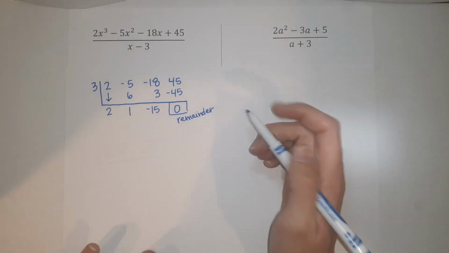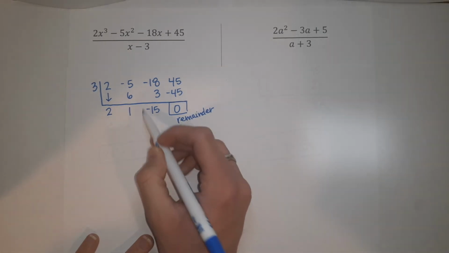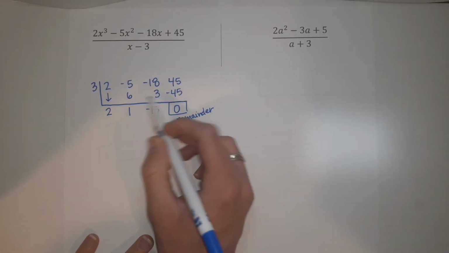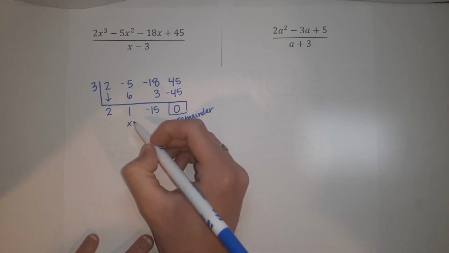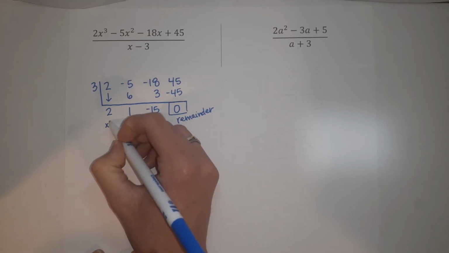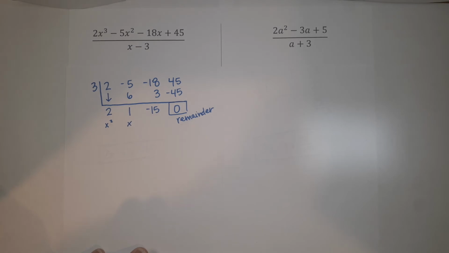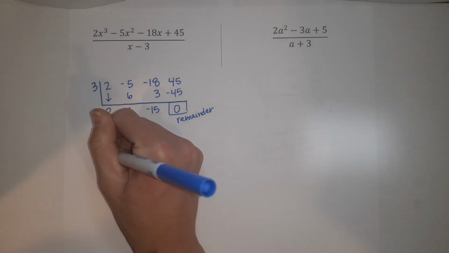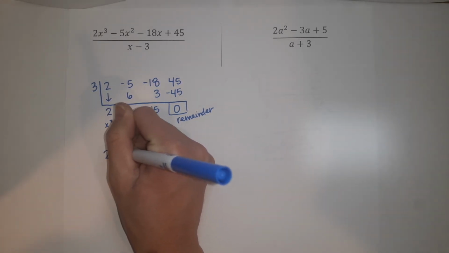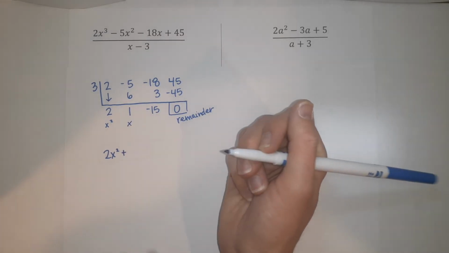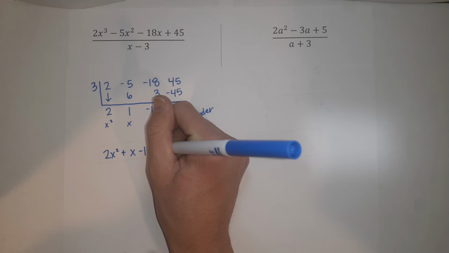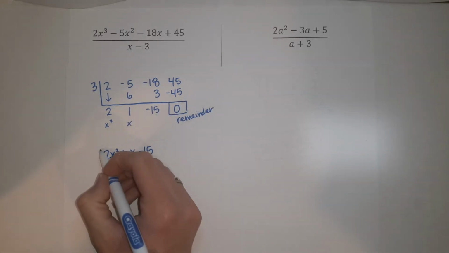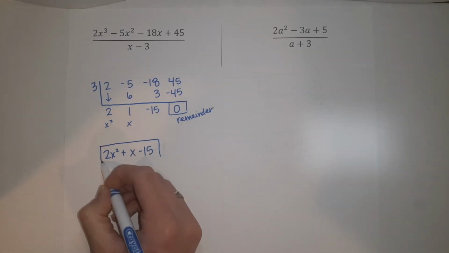So now, this number here is what's being added or subtracted on the back. This is my x, and this is my x squared. So I have 2x squared plus, I could write 1x, but we usually just write x minus 15.